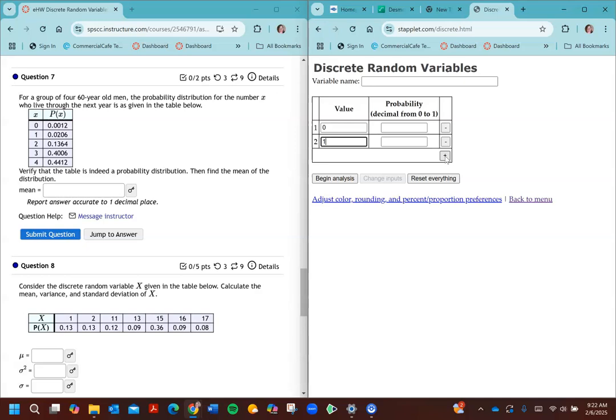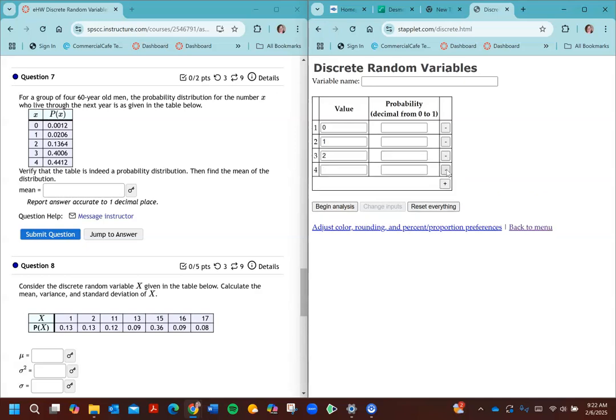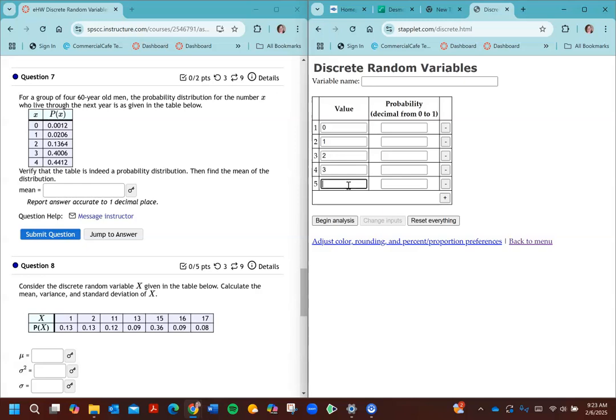Can't really copy and paste with this one, unfortunately, and you have to click each row to get at it. I'm just clicking this little plus to add the rows that I need. So it goes 0 down through 4 for the value, and then the probability has to be in decimal form from 0 to 1.